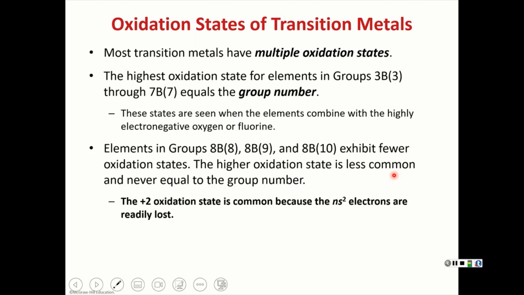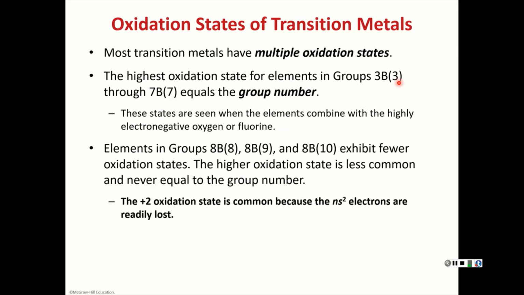They're not that simple. Most have multiple oxidation states. In general, there are some rules to follow, and one of them is that the highest oxidation state, or the maximum number of electrons that a transition element can lose in groups 3 to 7, equals the group number.